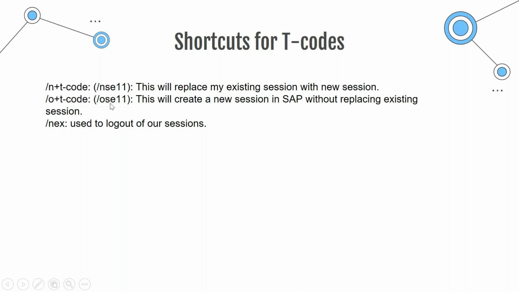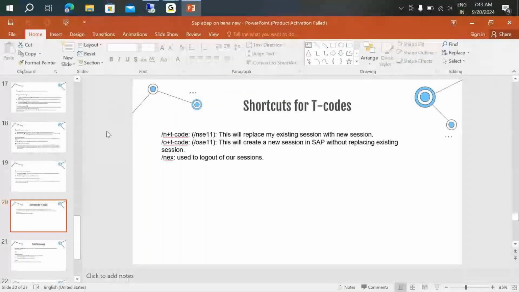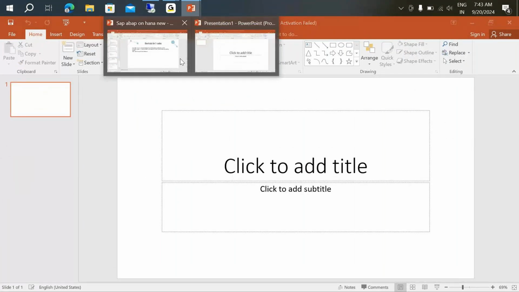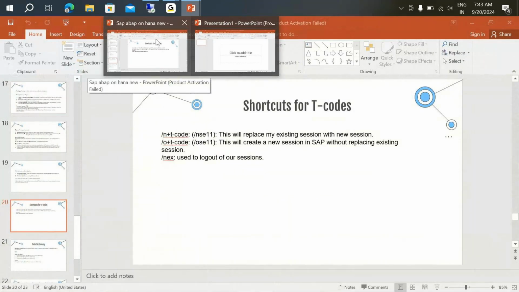/o means it will not end the current session. Instead, without ending the current session, it will create a new session. That is /o. To give you a simple example, if I do a Control N here, it will create a new PPT for me. Correct. This is like /o: without replacing my existing file, it opened a new file.